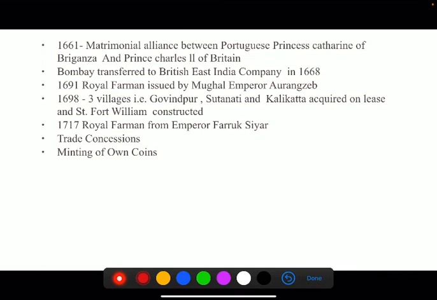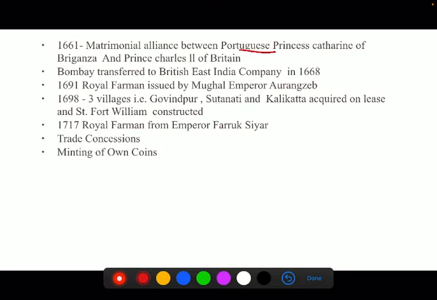Finally, I told you that they had to eliminate the Portuguese. So first they defeated the Portuguese, and the Portuguese were also becoming weak after the coming of the British East India Company. Why?